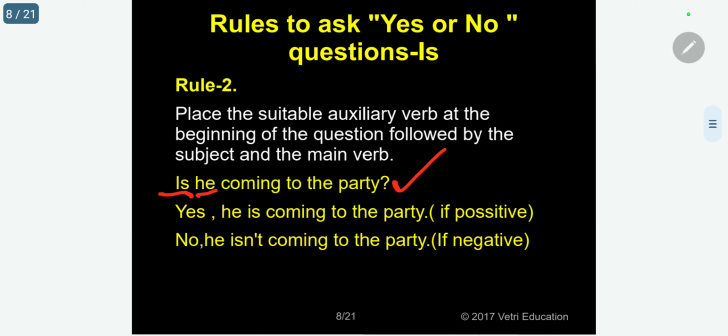We should not use "Are he coming to the party?" That's why it says to place a suitable auxiliary verb. Depending upon the nature of the noun or pronoun, you have to use a suitable auxiliary. For this question, there are two probable answers. Yes, he is coming to the party, if positive. If it is negative, no, he isn't coming to the party.